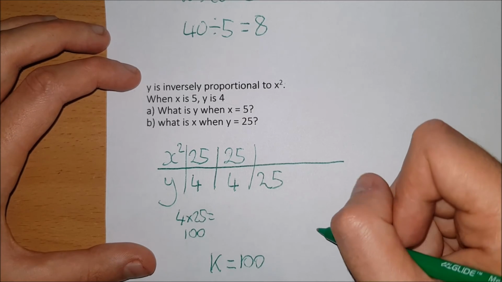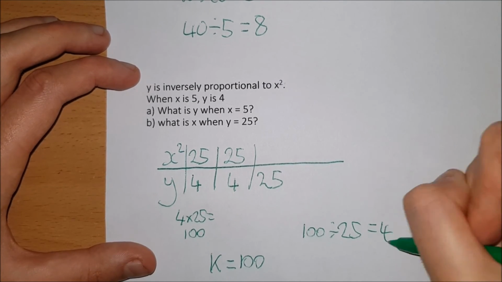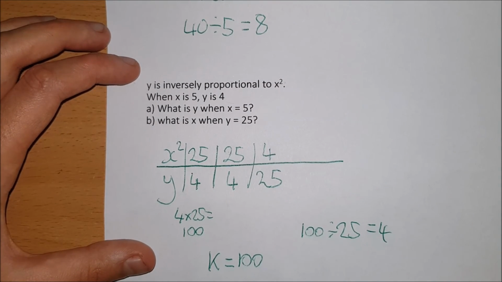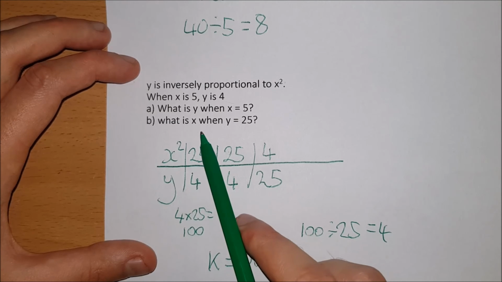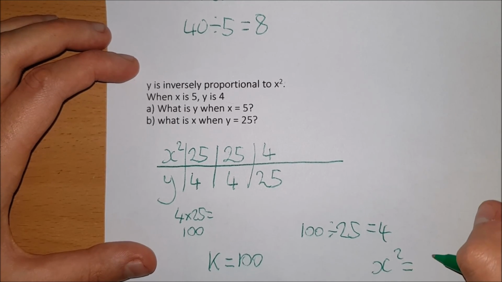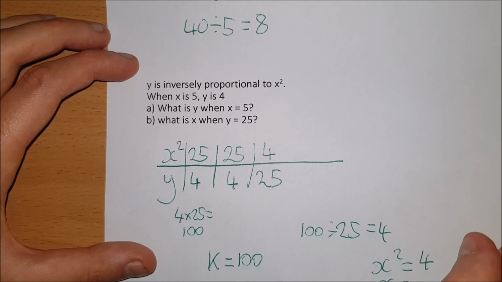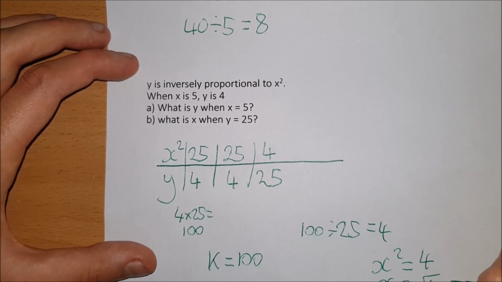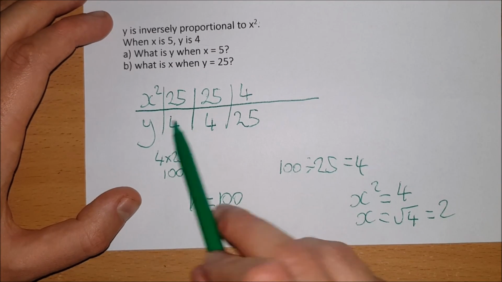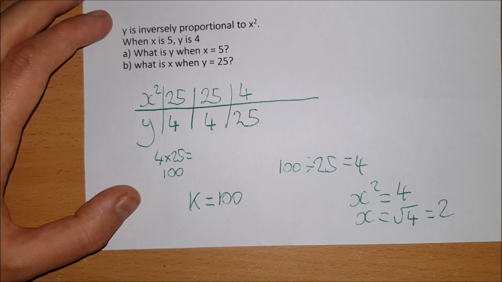So something times by 25 is 100. 100 divided by 25 equals 4. So x squared equals 4. But we don't want x squared, we want x. So we need to square root that. X squared equals 4, so x must be the square root of 4, which is 2. So when y is 25, x is actually 2. So that's the answer to that second part of the question.